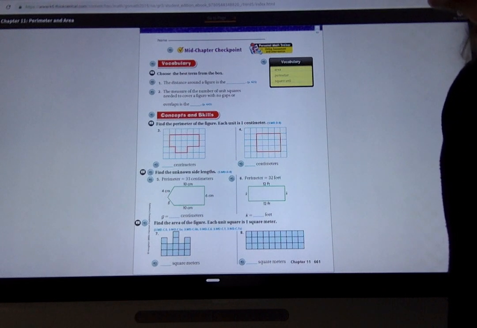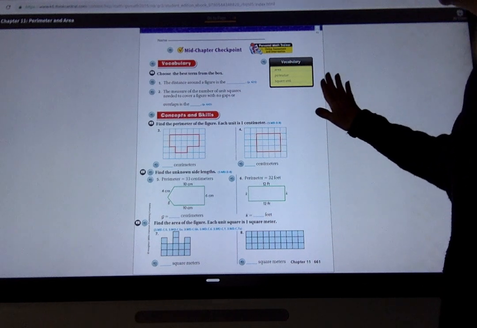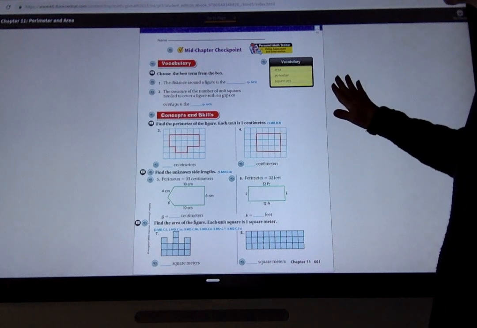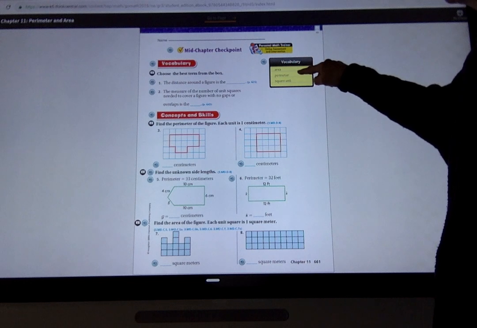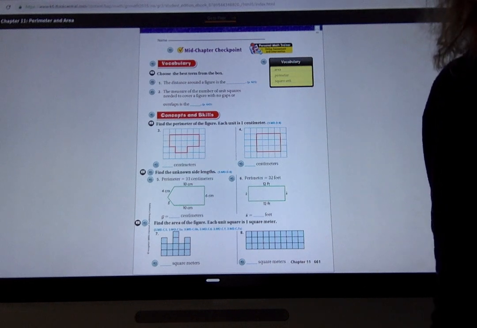Number 2, the measure of the number of unit squares needed to cover a figure with no gaps or overlaps. We label it area, perimeter, or square unit.